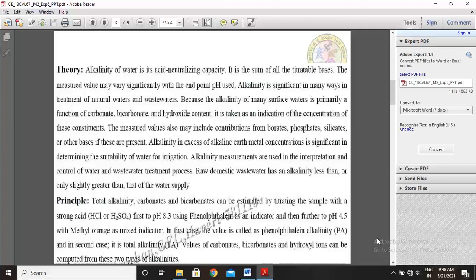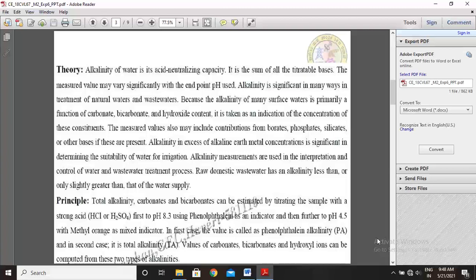Alkalinity in excess of alkaline earth metal concentrations is significant in determining the suitability of water for irrigation. Alkalinity measurements are used in the interpretation and control of water and wastewater treatment processes.